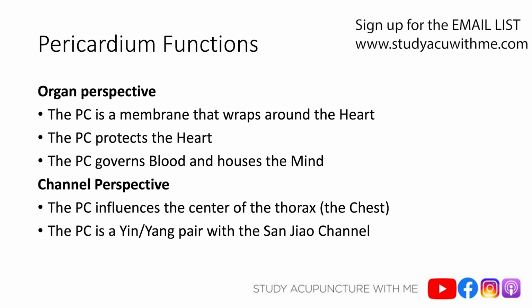So from a channel perspective, the pericardium has a specific area of the body that it influences. The pericardium influences the chest, and it influences your heart and your lungs, because they're in your chest. It also influences the zong qi, the Z-O-N-G qi, which is your gathering qi. Now your gathering qi gathers or accumulates in your chest.